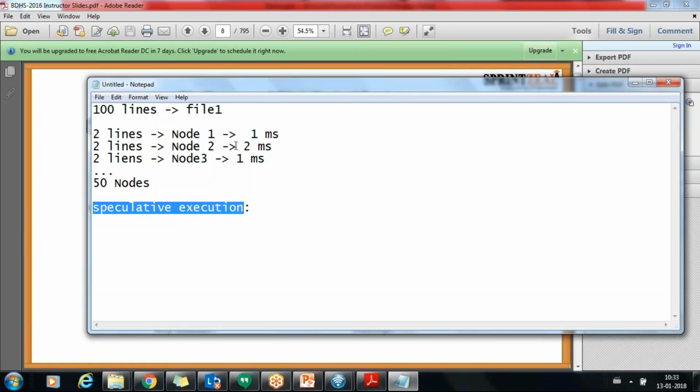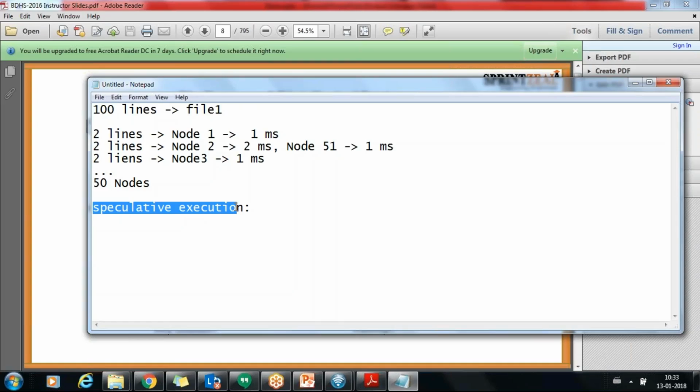Once it finds this is taking more than usual, say the average is 1 second and this one is taking more, it will start another process. It will start a parallel job for these two lines on node number 4, or let's say node number 51. If node number 51 gives the result in 1 millisecond, that output will be considered and the slow one will be killed. This is speculative execution.